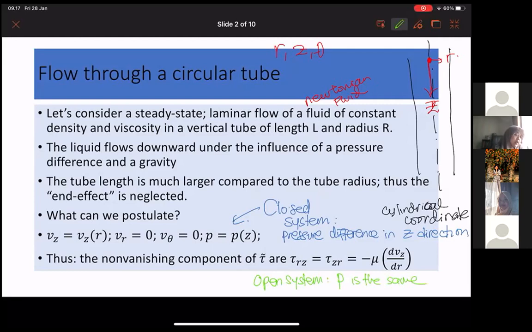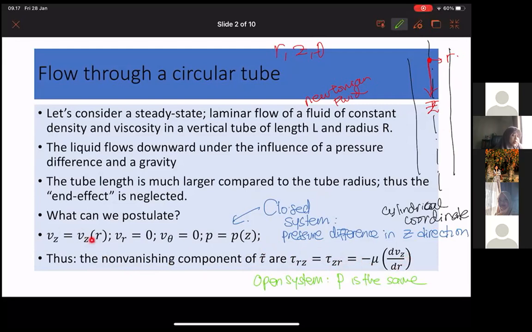So when we look at here, we can see that the non-vanishing component of shear stress, or momentum flux, here is tau rz, or tau zr, which is minus mu dv over dr. Why?